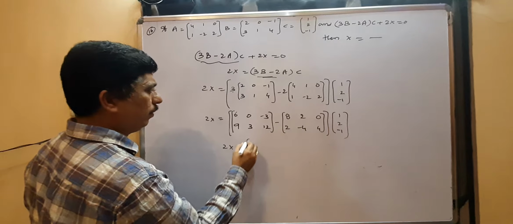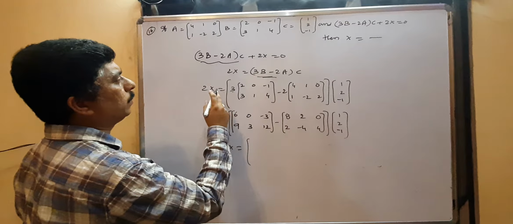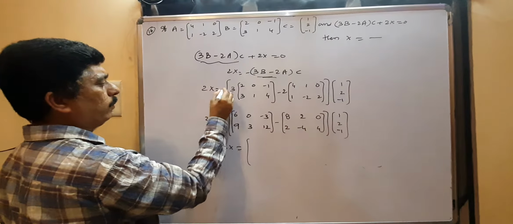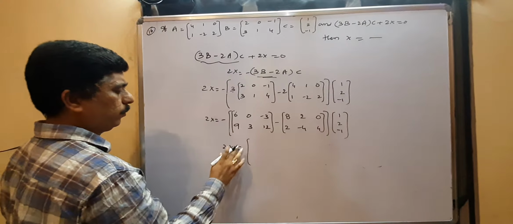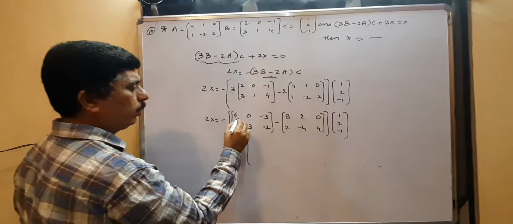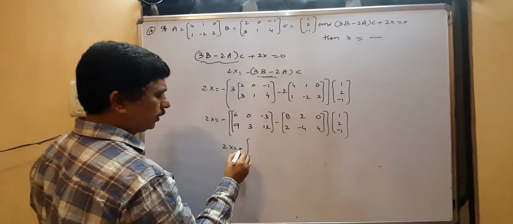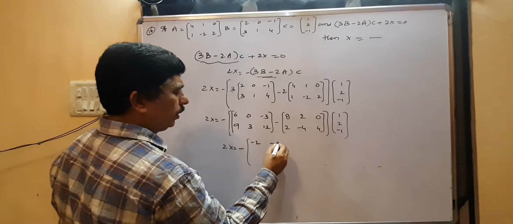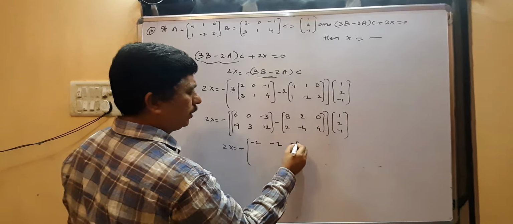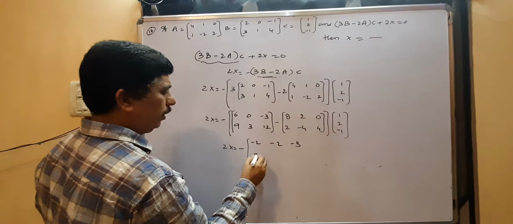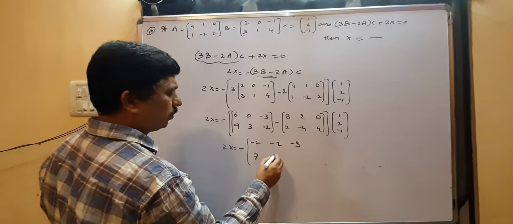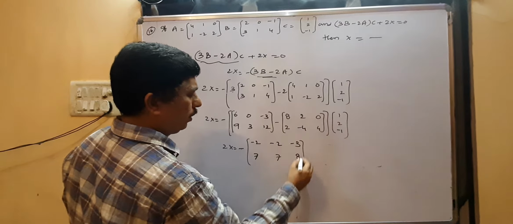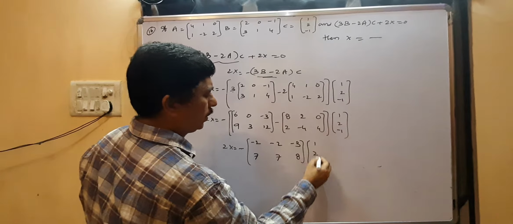So finally we will get 2X equal to minus of row into column: 6 minus 8 is minus 2, 0 minus 2 is minus 2, minus 3 minus 0 is minus 3, 9 minus 2 is 7, 3 minus of minus 4, 3 plus 4 is 7, 12 minus 4 is 8, into 1 2 minus 1.